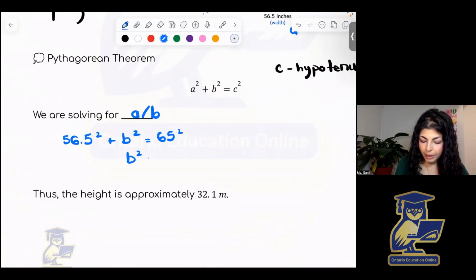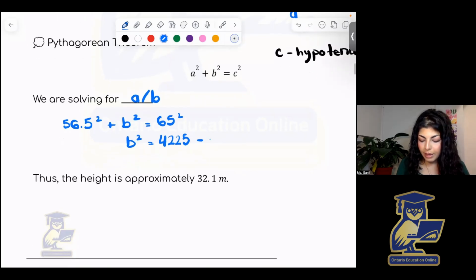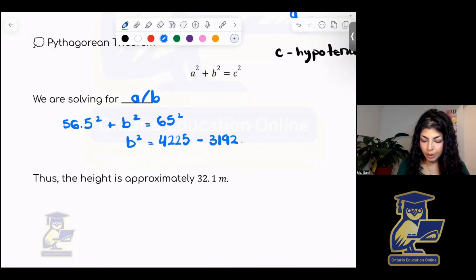And now b squared is going to be, if I just evaluate each of these, so this is 4,225, and I can subtract and evaluate this. So again, I am skipping a few steps in my solution here. This will be 3,192.25. And then b squared will be 1,032.75.